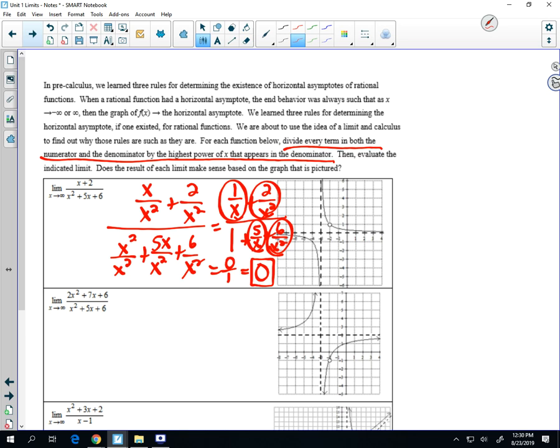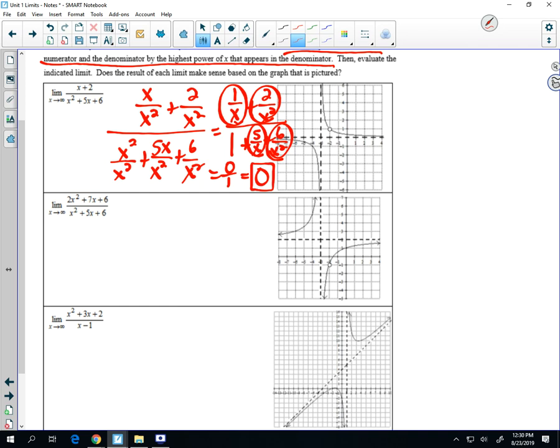But think about what happens in this one. I'm going to show less work on this one. x squared is my highest exponent. So if I just divide everything by x squared, I'm going to get 2 plus 7 over x plus 6 over x squared over 1, because x squared over x squared, plus 5 over x plus 6 over x squared.